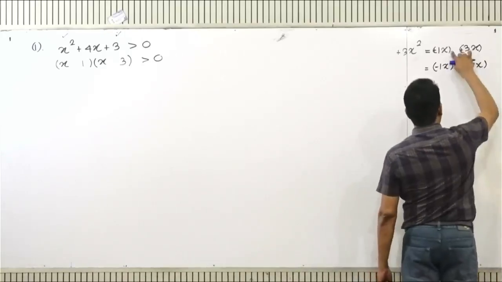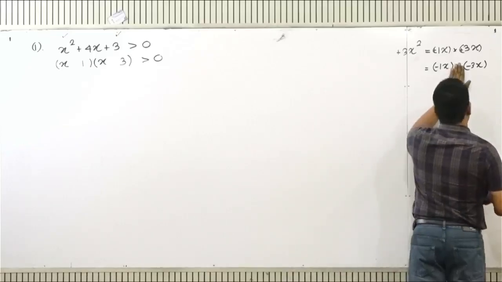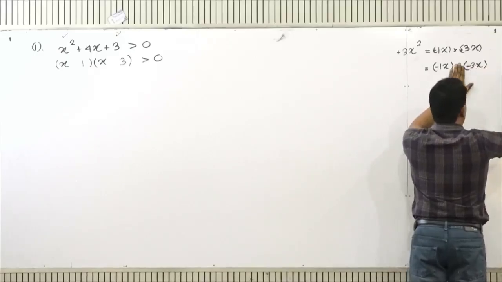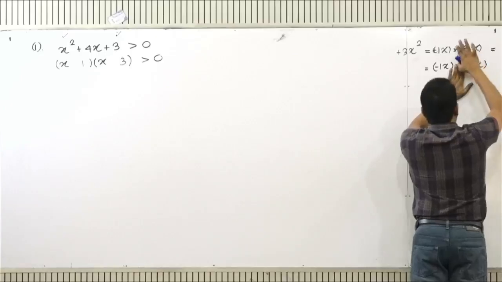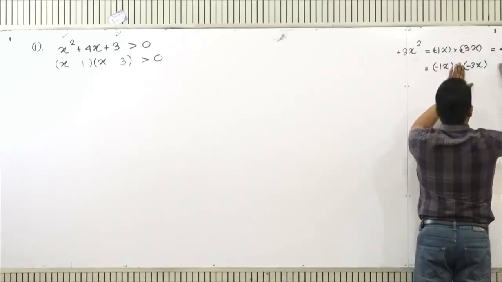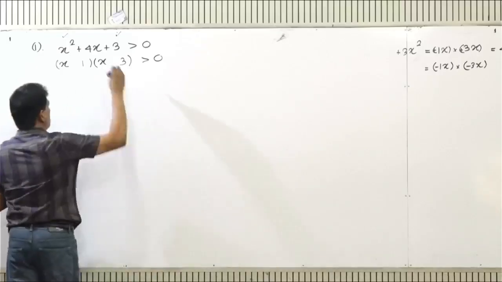If we remove the multiplication marks, minus x minus 3x means minus 4x. Here, positive x, positive 3x means positive 4x. Now we have to check the middle term. Here the middle term is positive 4x.